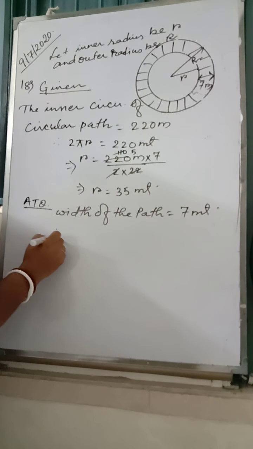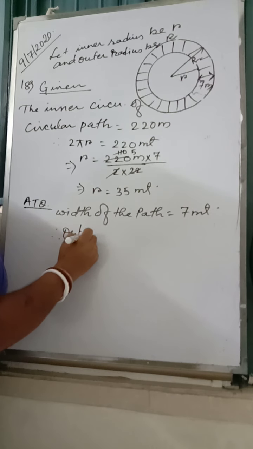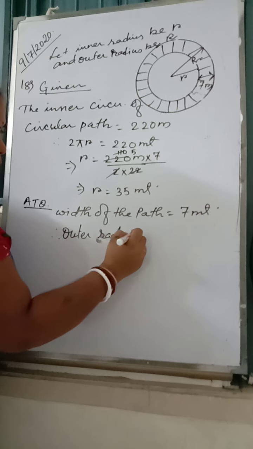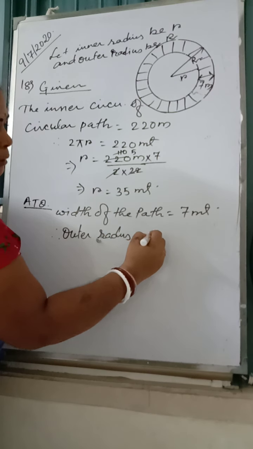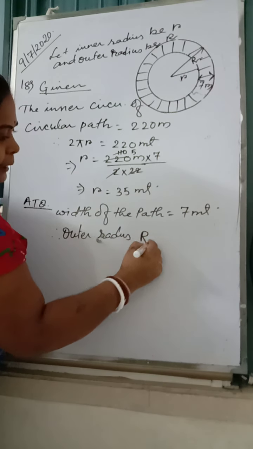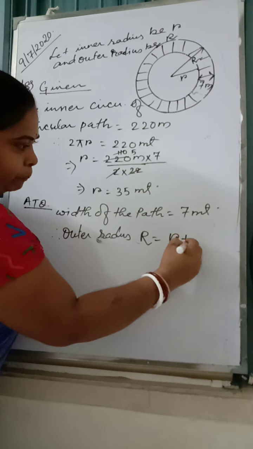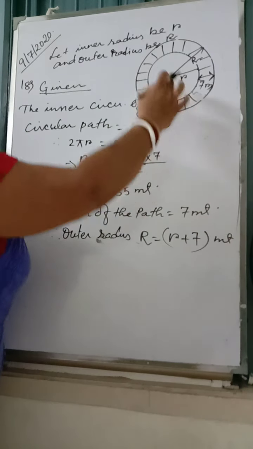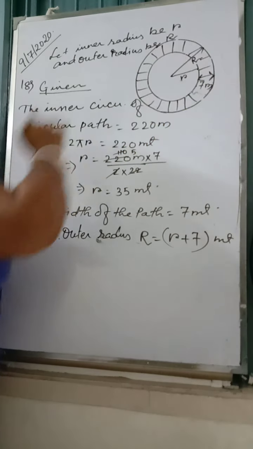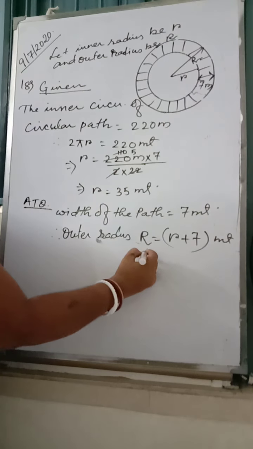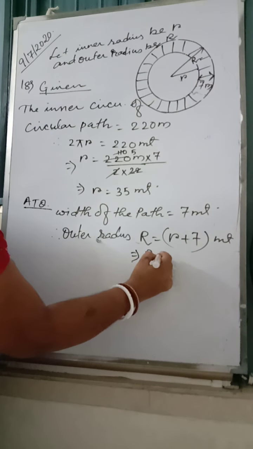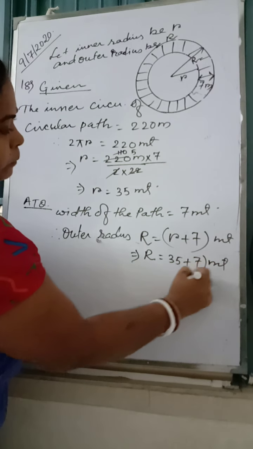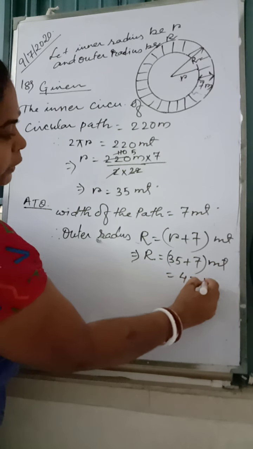So the outer radius, capital R, is equal to inner r plus 7 meter. From here to here, if I add 7, I will get the capital R. This gives you R is equal to 35 plus 7 meter, or 42 meter.